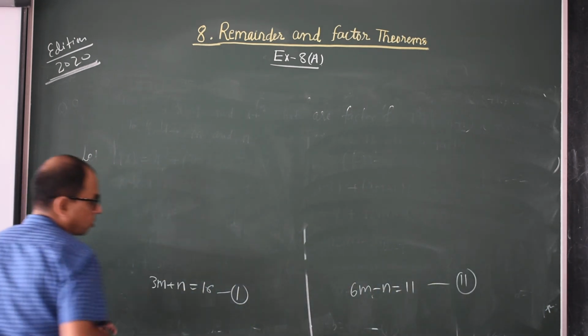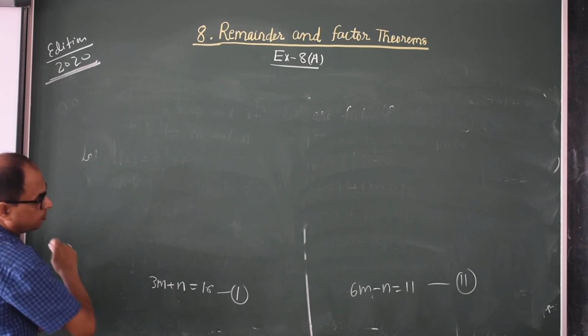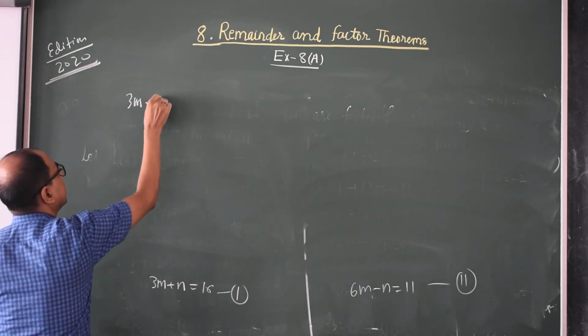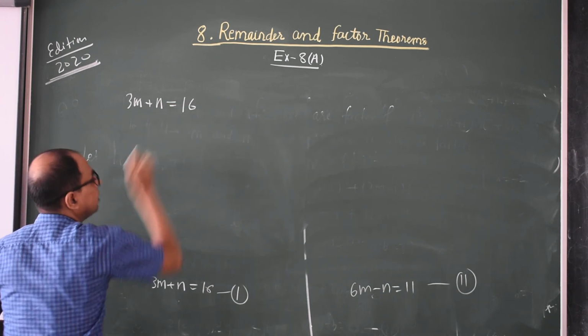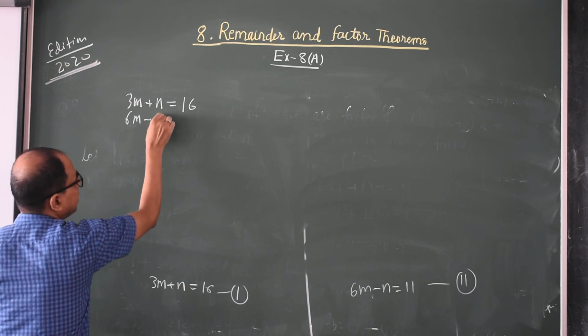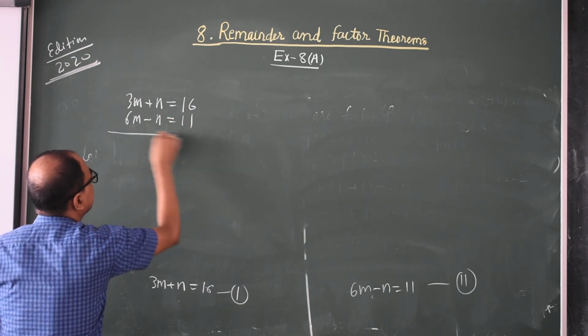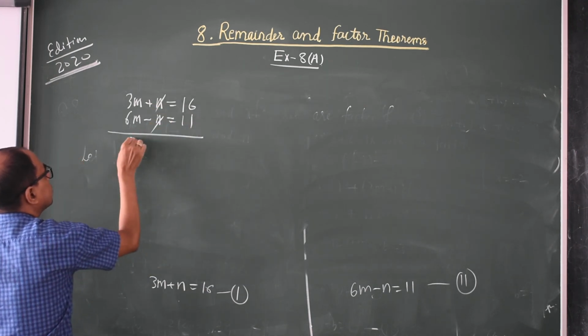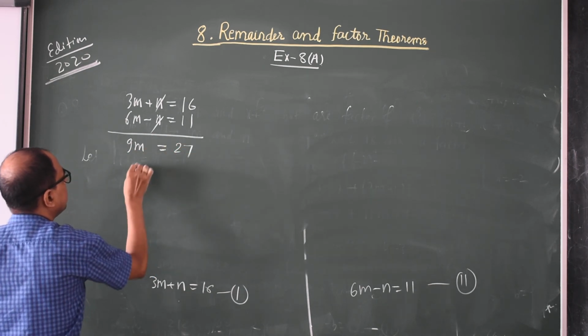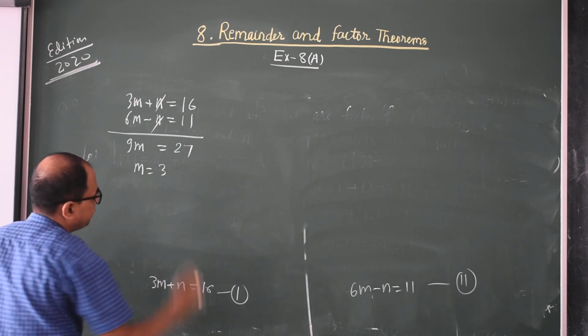Equation 1 is 3m plus n is equal to 16. Equation 2 is 6m minus n is equal to 11. Now add these two and n cancels. So 9m is equal to 27. So m is equal to 3.